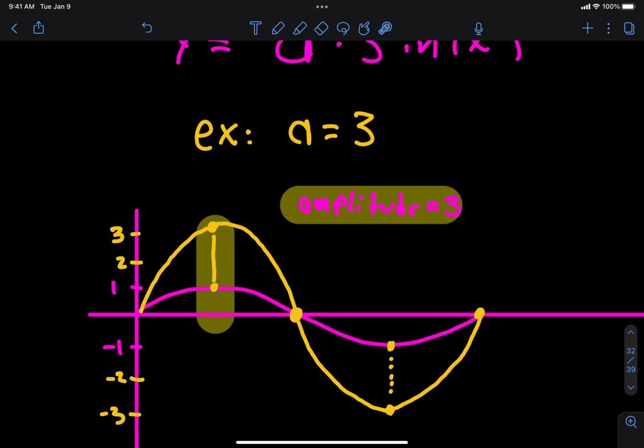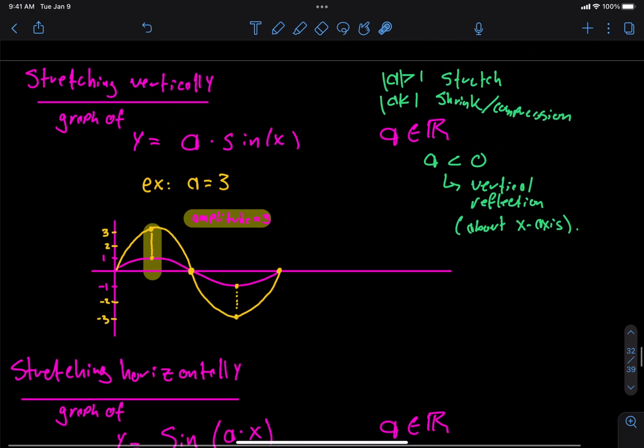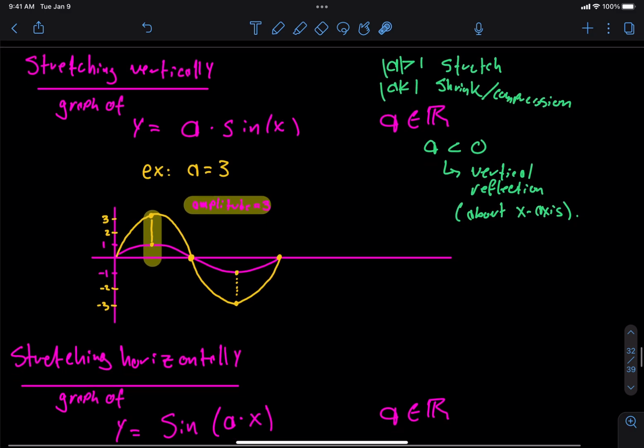In this case, it's 3. We measure from the x-axis to the top of the tallest point of the wave. We call that the amplitude of the wave. Okay. So the amplitude of sine and cosine normally is 1. And if we stretch by a factor of A, then the amplitude will be instead the absolute value of A.